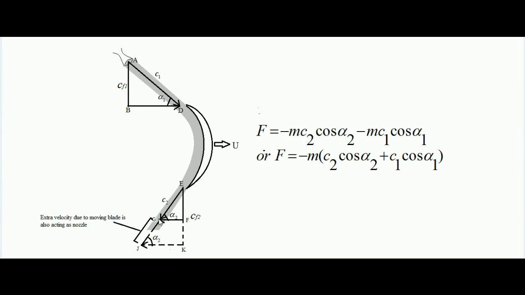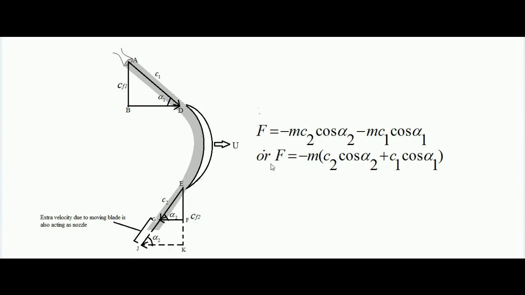And in case it is an impulse reaction blade, since the enthalpy change takes place in the moving blade also, instead of c2 it will come out with higher velocity, shown by ej. So you can see that compared to fg, the horizontal component of steam at outlet is now kj, which is greater than fg.